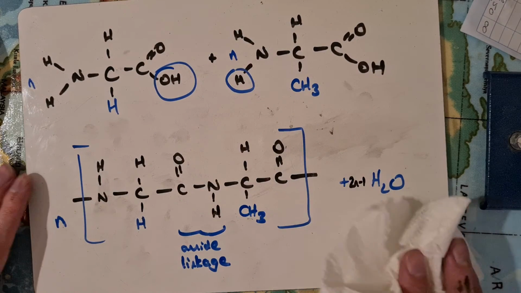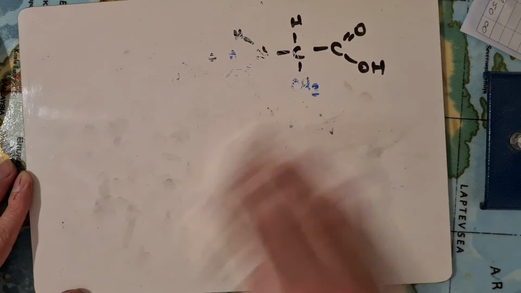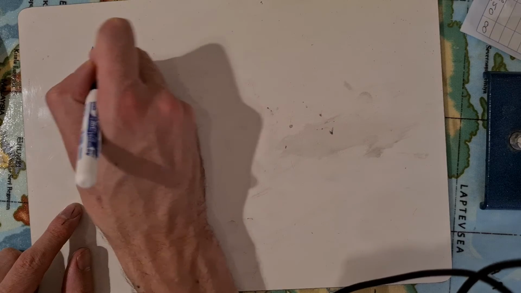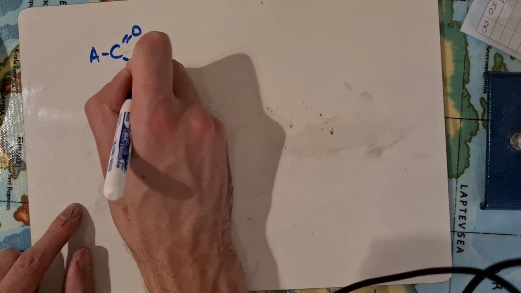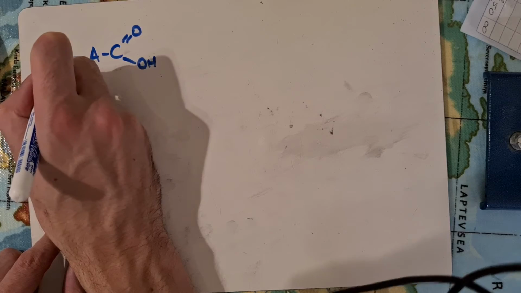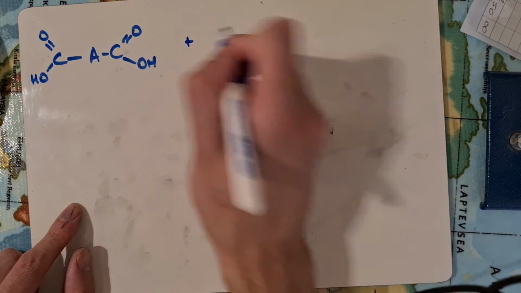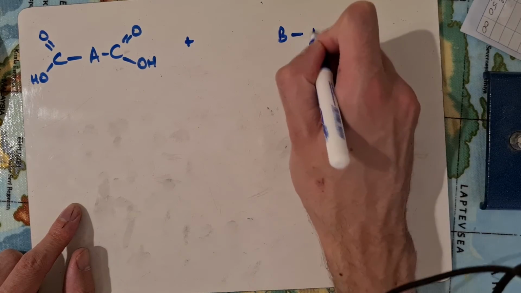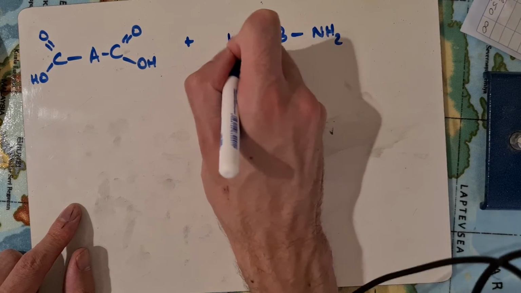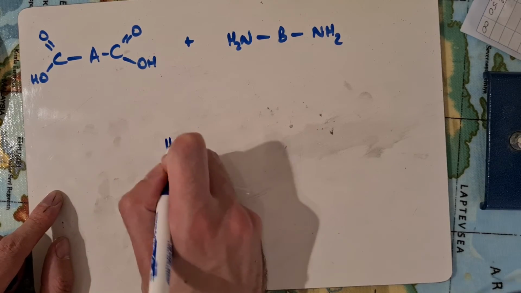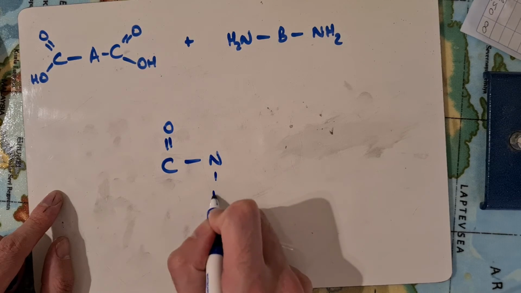So next up, we'll have from two different monomers. So general equation here, I'll call the first one A. I have a carboxylic acid and carboxylic acid, plus B, which has just got two amine groups on. So they come together and form, in the centre, linking them together, an amide bond.